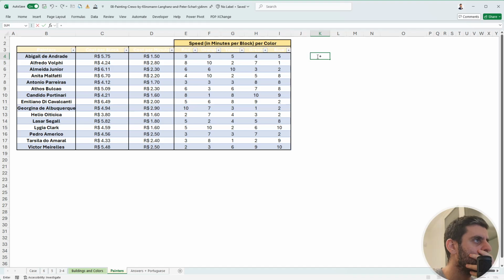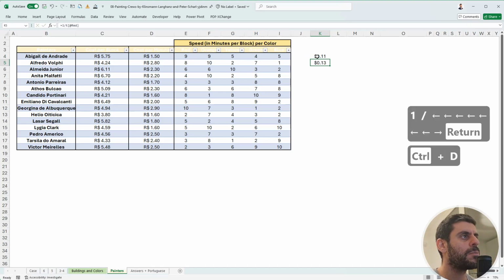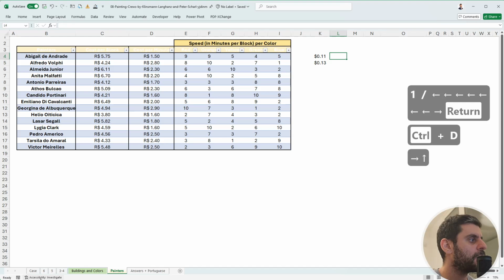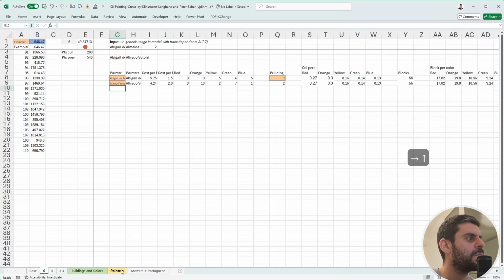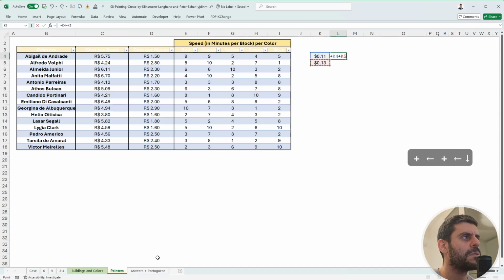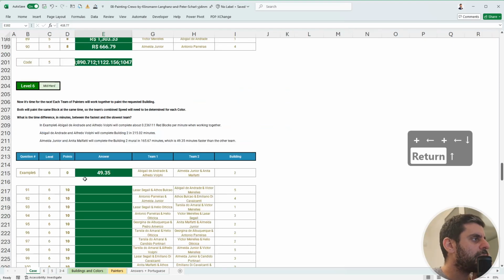Minutes per block. So this is blocks per minute. So that's the sum. This is GMAT knowledge.